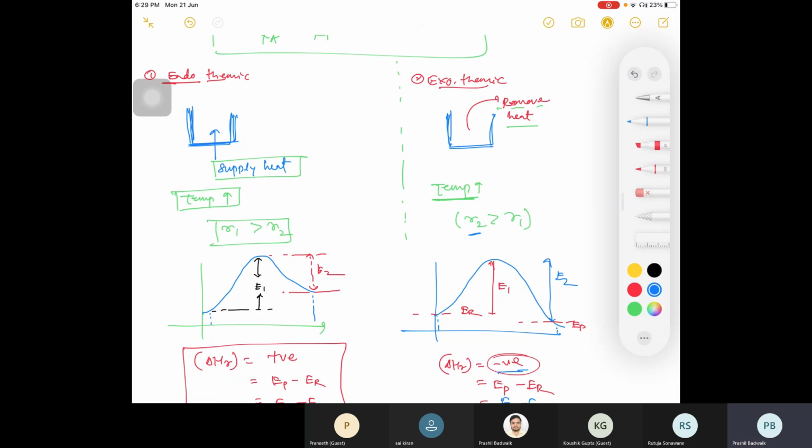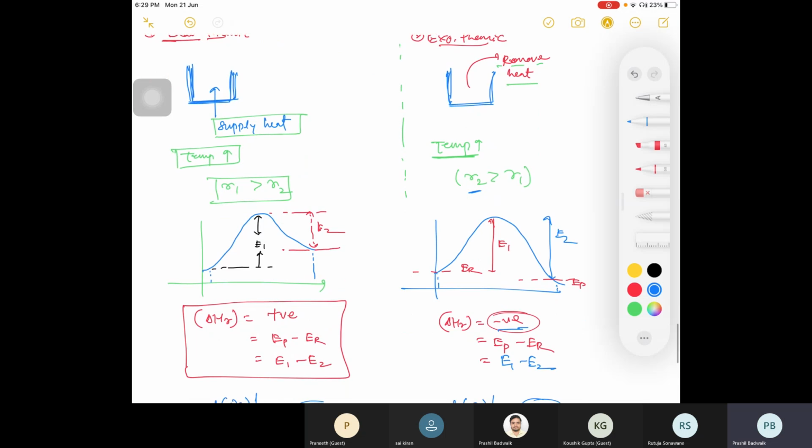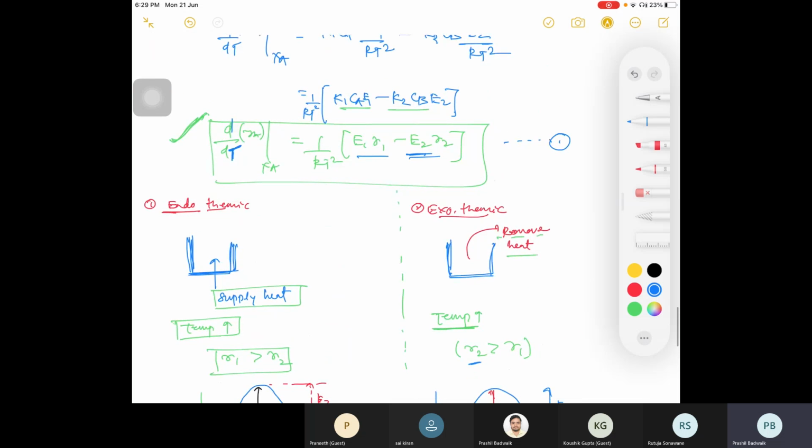Now please tell me, for an exothermic reaction the condition is a bit different. What was it here in the first case? For E1 greater than E2, E1 is greater than E2, and your R1 is also greater than R2. Right, Rituja, you said clearly, and that was correct, that your rate will increase with respect to temperature.